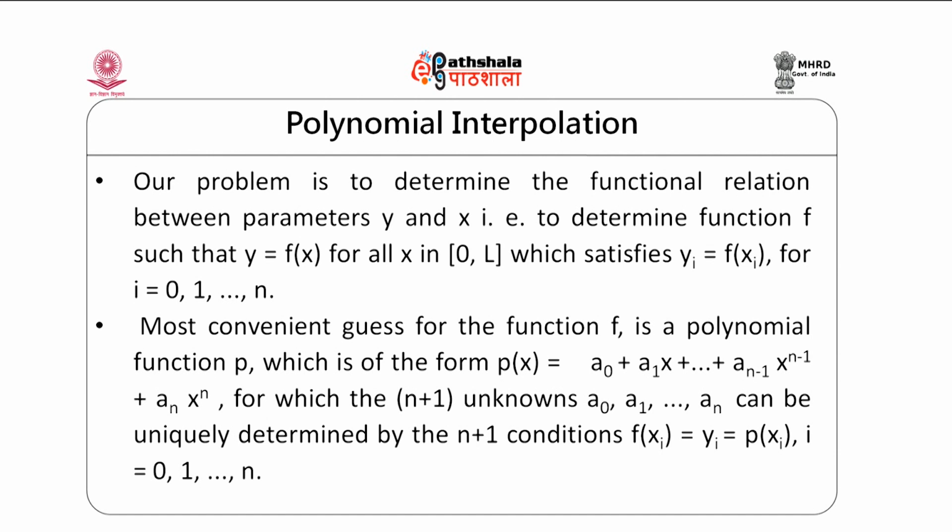The most convenient guess for the function f is a polynomial function p. This relationship is not known in advance, and therefore we are guessing what kind of relationship this will be.